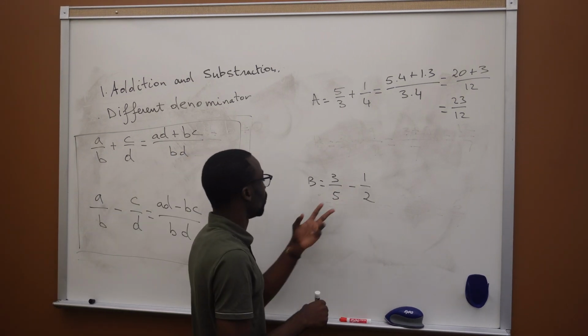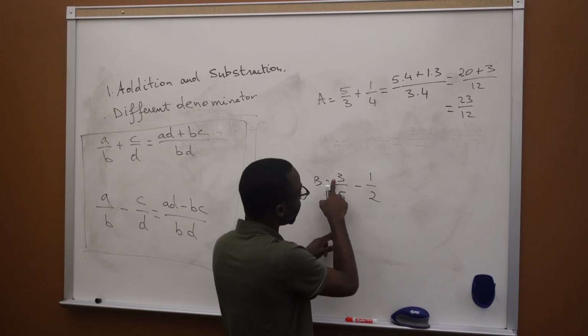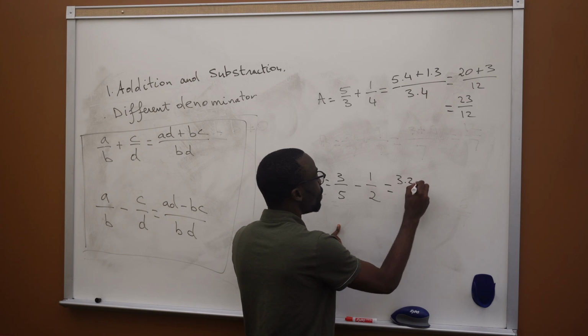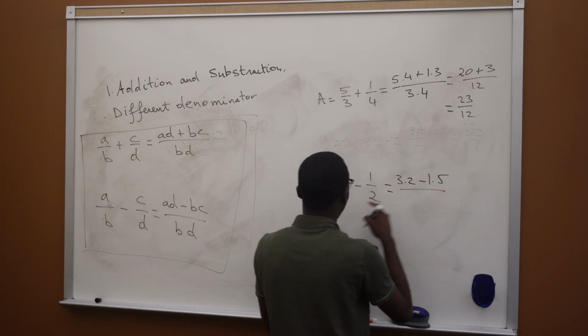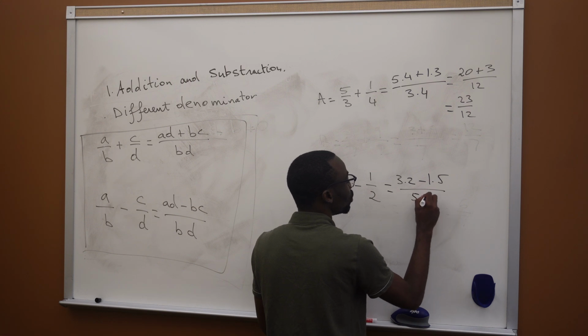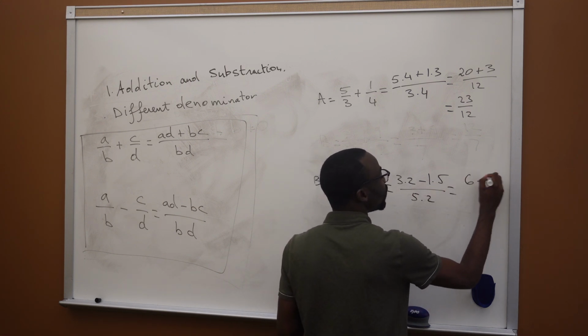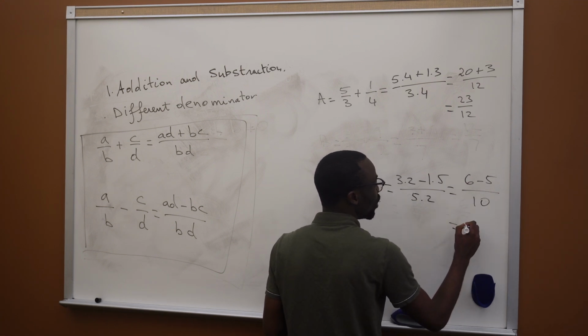B. Here I have a subtraction, where in this case I start with a times d, 3 times 2, minus 1 times 5, over 5 times 2, which is equal to what? 6 minus 5 over 10. What's 6 minus 5?